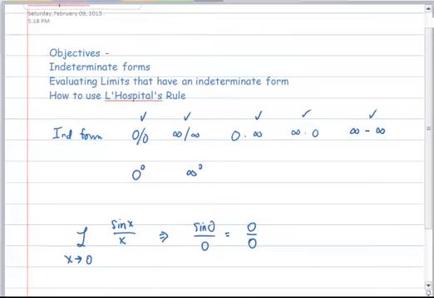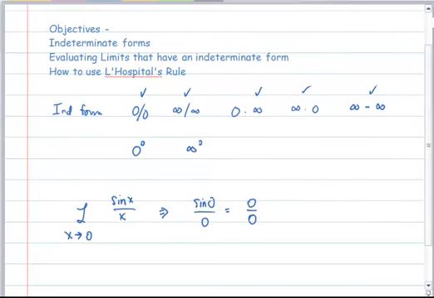Look at that. So what we have to do is, using L'Hospital's rule, L'Hospital stated that if you can't evaluate the limit because of indeterminate form, the next best thing is to evaluate the limit as the derivative of the top function over the derivative of the denominator function, and that will tell you what the limit is going to.